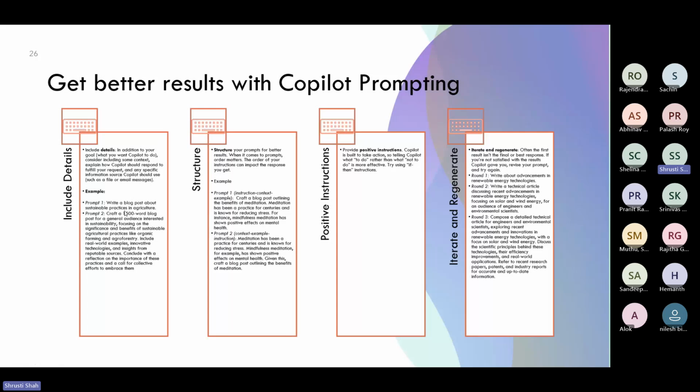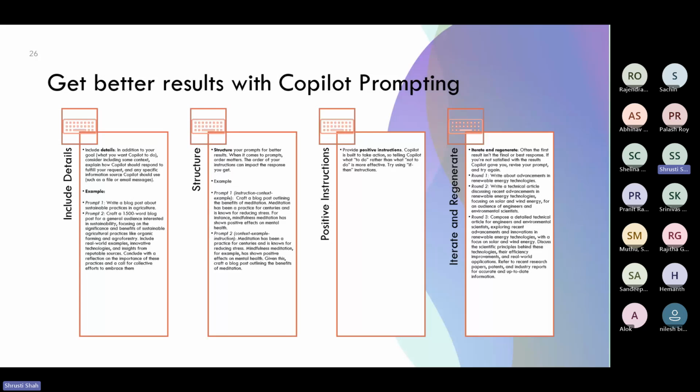Next, structure. How can I structure my prompts? Let's say I want to get something from my project team. Whenever I'm talking to them, we structure our text: I want this, next step is this, next step is this. So structure in a prompt is important. The order in which you write the text is important. That is what it is saying about structuring your prompts for better results.